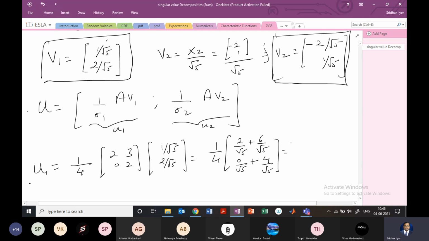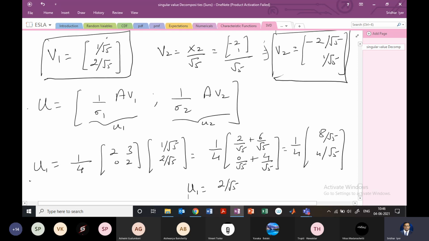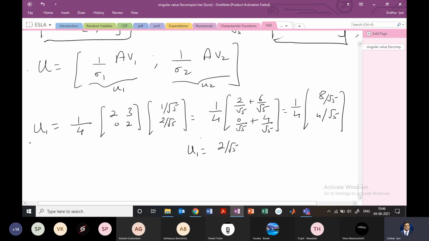So you get here 1 by 4, 8 by root 5 and 4 by root 5. Therefore, if you multiply, u1 you'll get as 2 by root 5 and 1 by root 5. Are you getting that for u1?